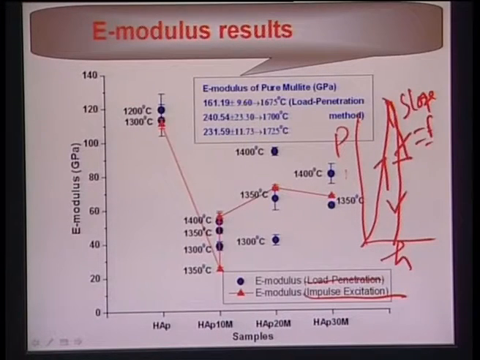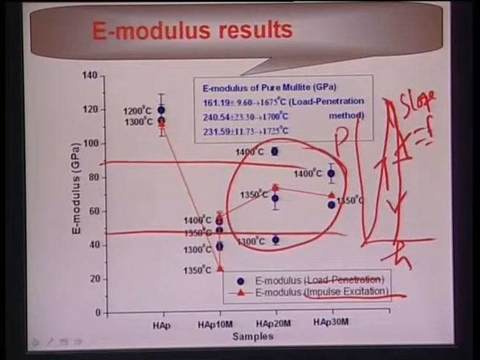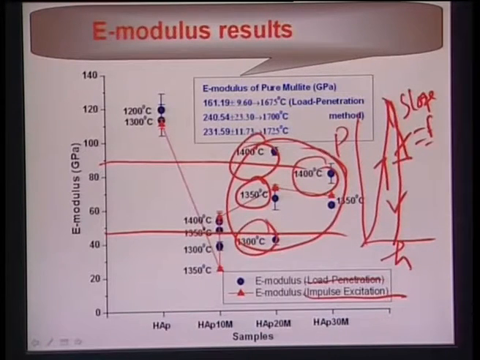Now independent of which measurement technique you use, the message from this slide is that you get an elastic modulus range of roughly 45 to 85 gigapascal, which closely correlates with the elastic modulus values of cortical bone, that is the natural bone. Therefore, for these hydroxyapatite mullite materials, depending on the sintering temperature, you can find out the elastic modulus values which you require for real applications.